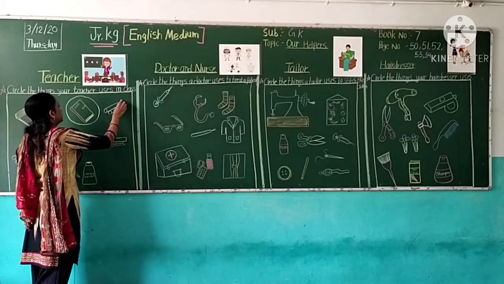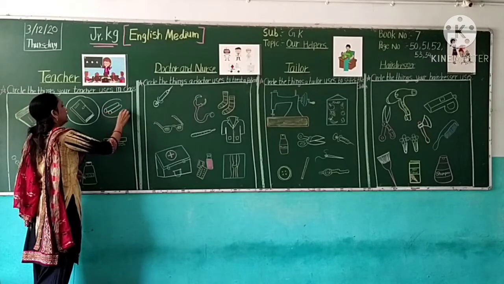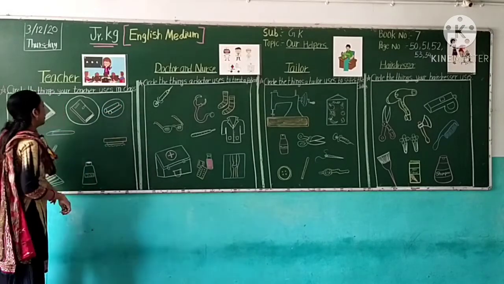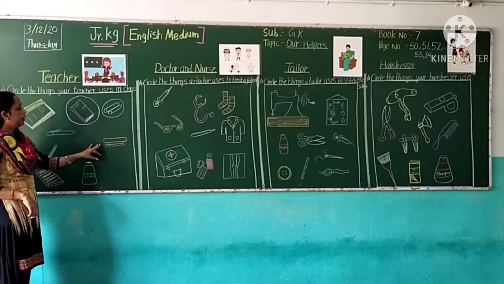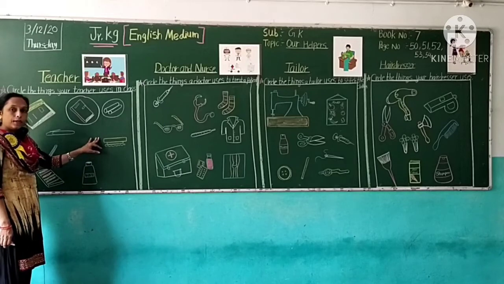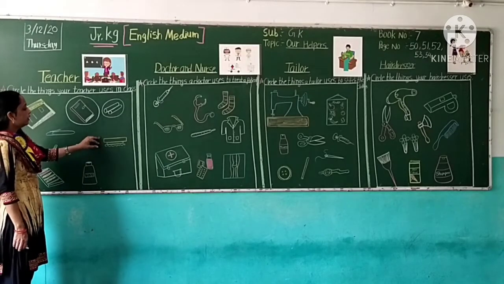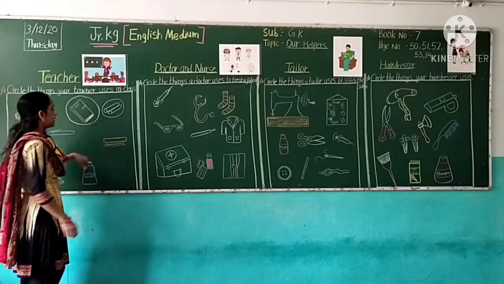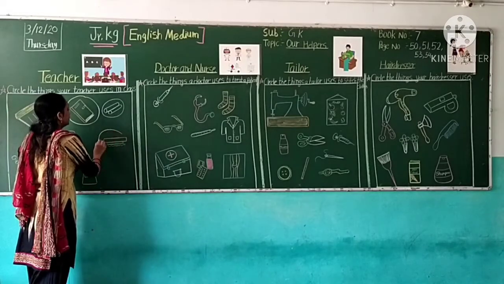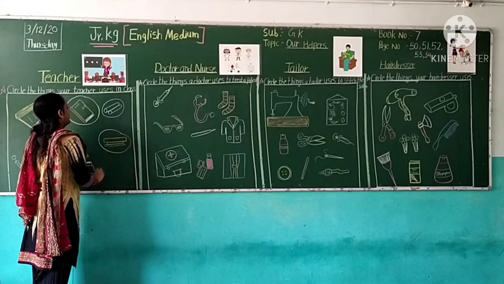Okay. So, circle the chalk. Now next, which picture is this? Duster. So, these things the teacher uses in class. So, here circle the duster.